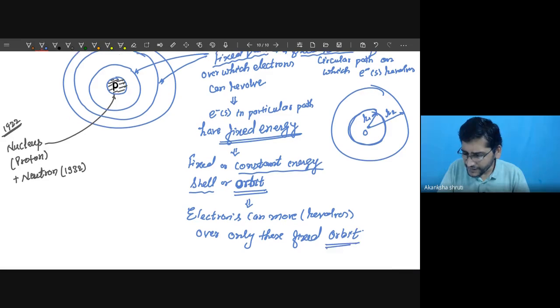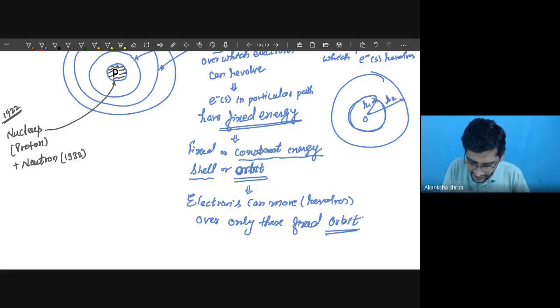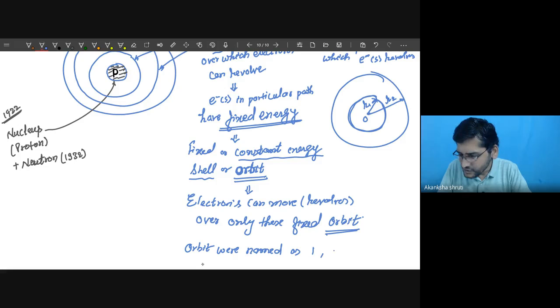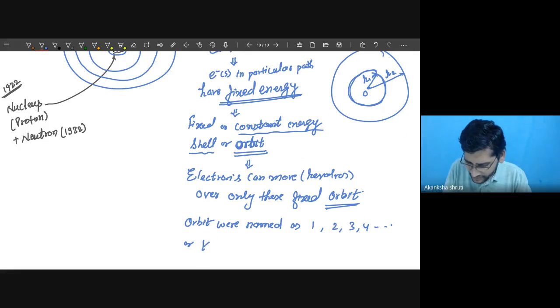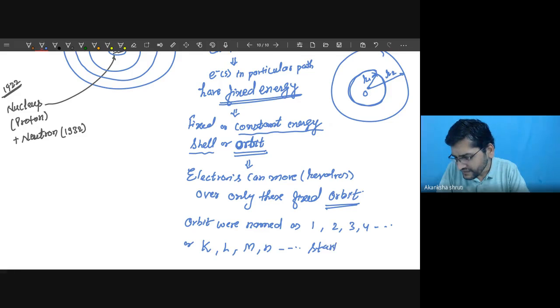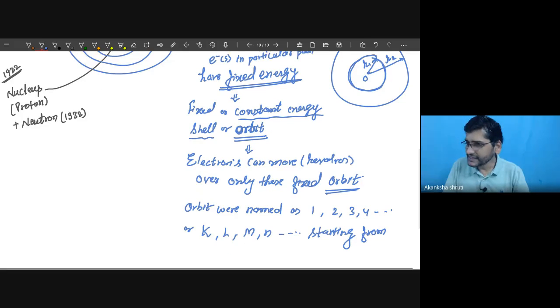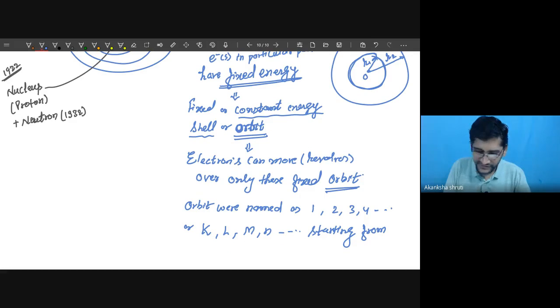And these fixed orbits were named as 1, 2, 3, 4, or this 1, 2, 3, 4 is also called K, L, M, N, O, like this, starting from near the nucleus.